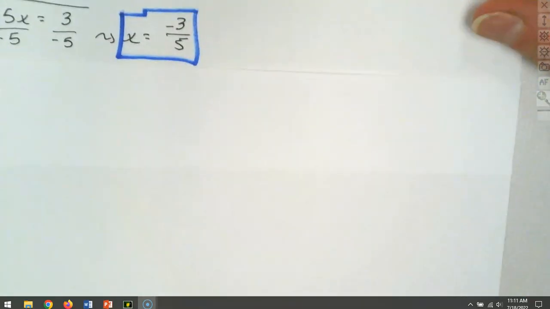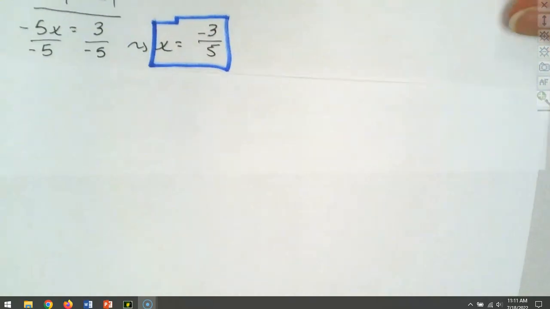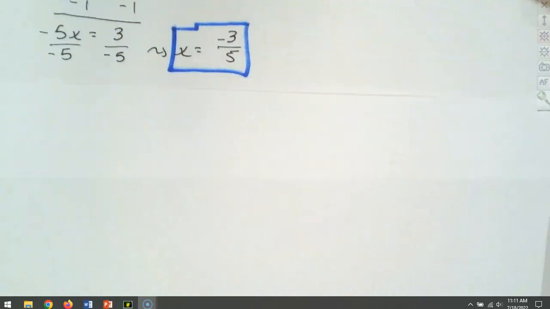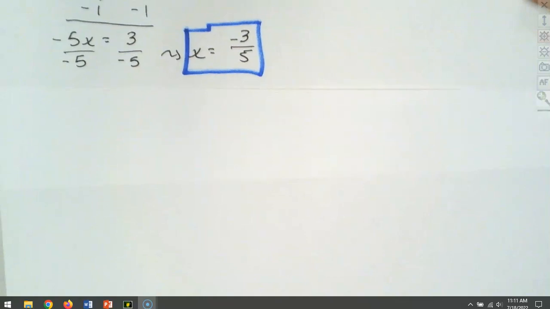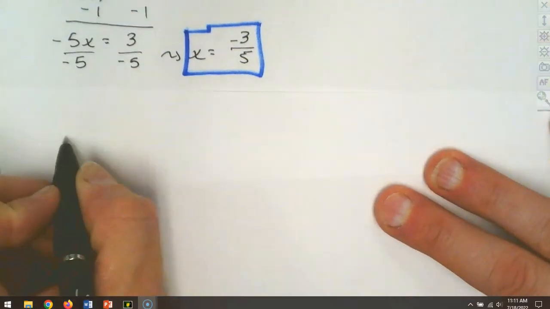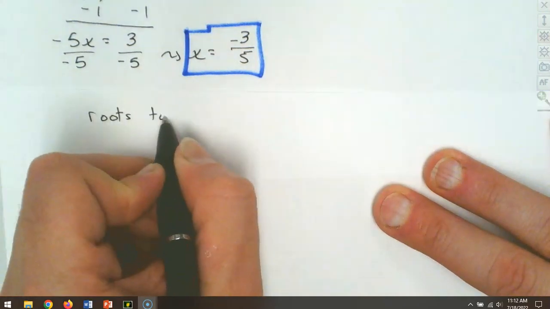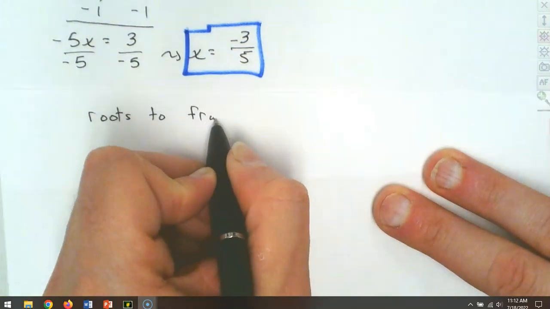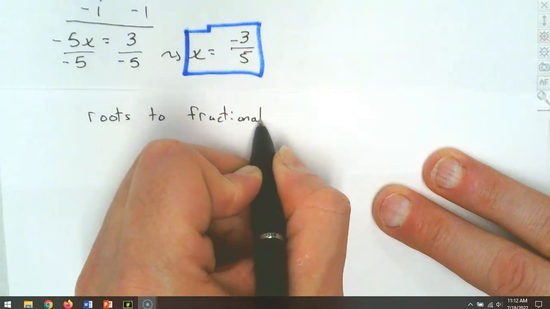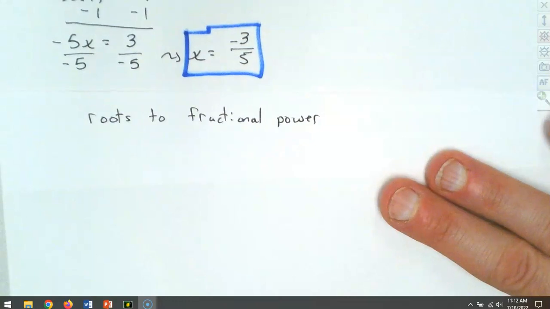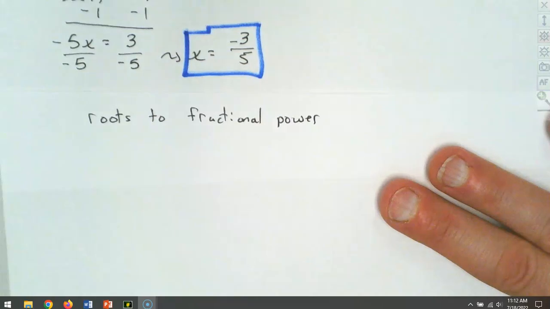Next, we're going to talk about roots and how we can transform roots into a fractional power. And we kind of did this a little bit before break. So we're going to learn now how to transform roots to fractional powers.